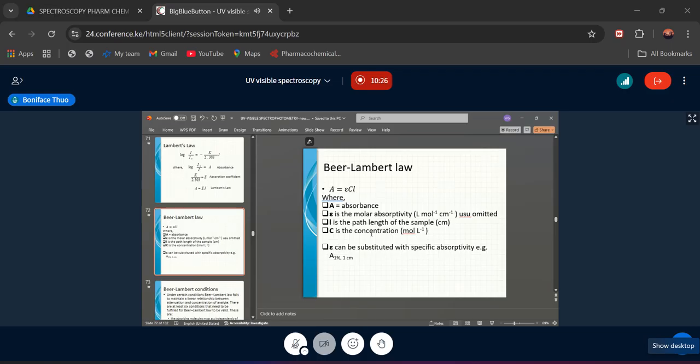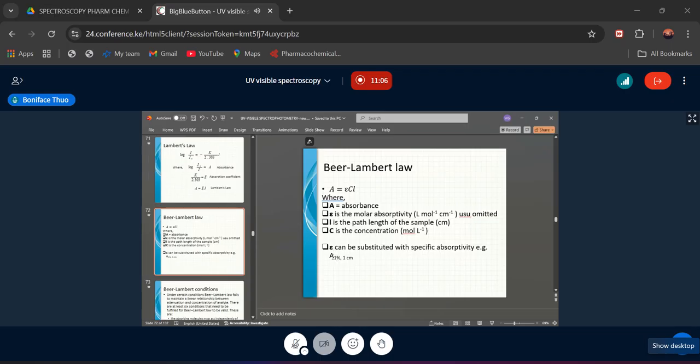In particular, when we are applying this law, we generally do not use molar absorptivity, we tend to use what is known as specific absorptivity. And this is the absorptivity of the substance when the concentration and path length are stated. For example, we commonly use what is known as A1%, 1 centimeter, which is the absorptivity of a 1% solution in a 1 centimeter path length.